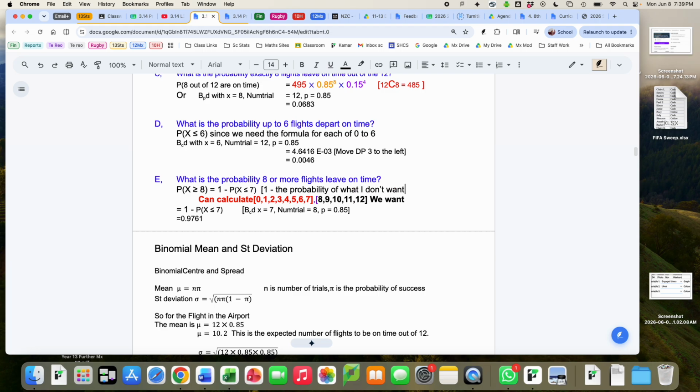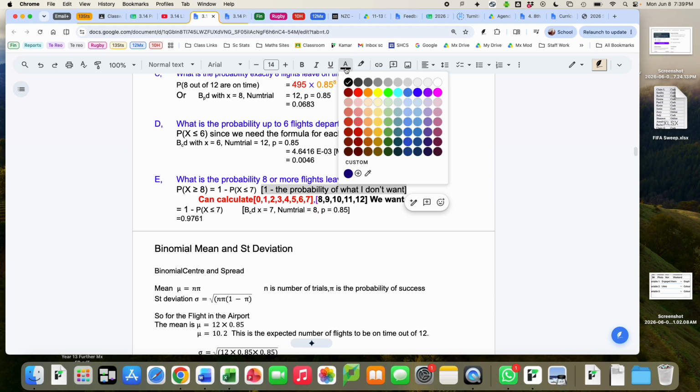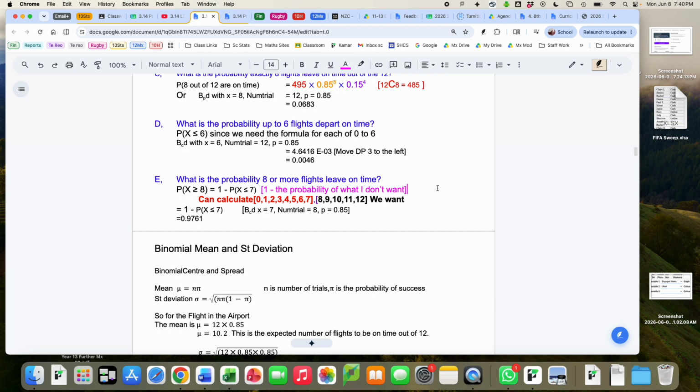Okay, the leftover stuff. And so that's a common trick in probability speak, just speeds our life up. So I can calculate the probability of the 0 through to 7, and we want the rest of them. And so we go 1 minus that.